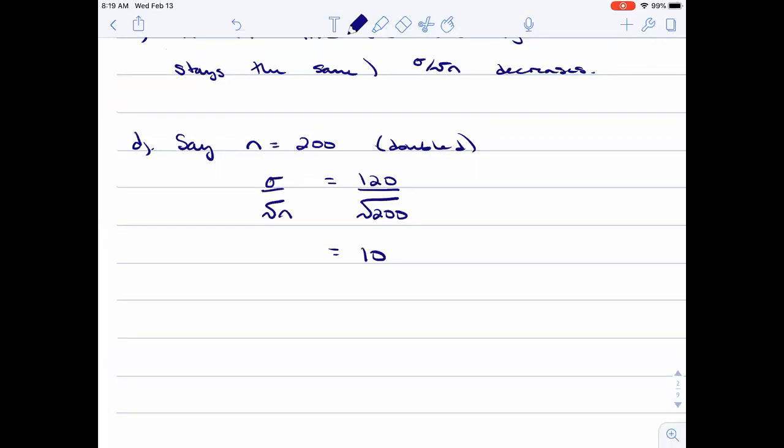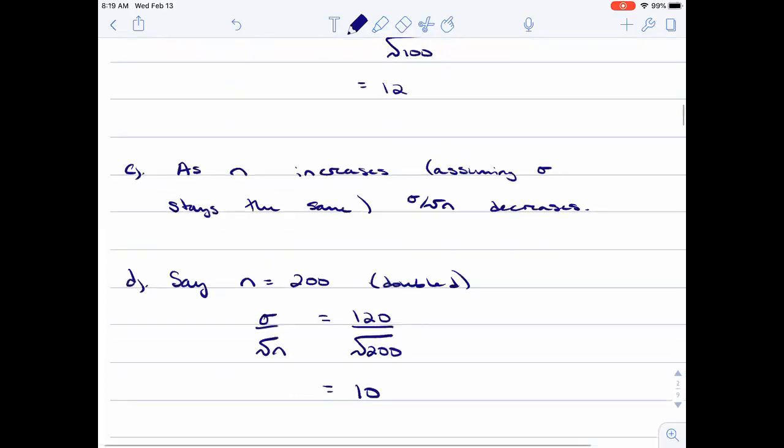So if we had to talk about the effect, right, we doubled our sample size, but we really only decreased our standard error by 2 units, right? And so doubling our sample size doesn't cut our standard error in half, right, just because of how square roots work, okay?